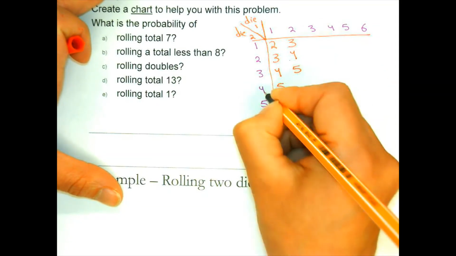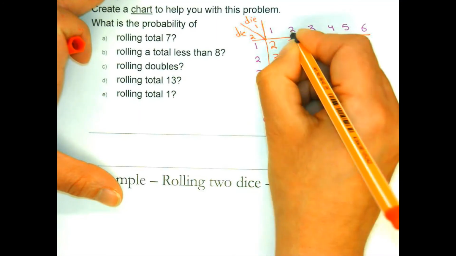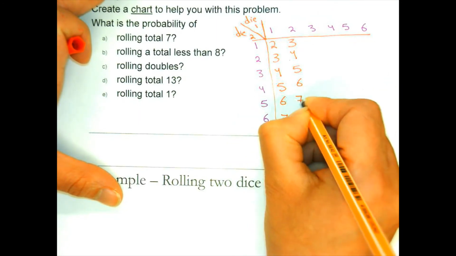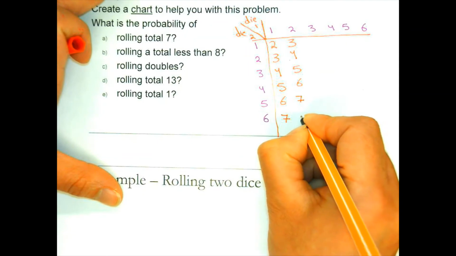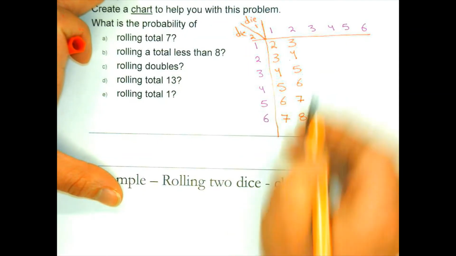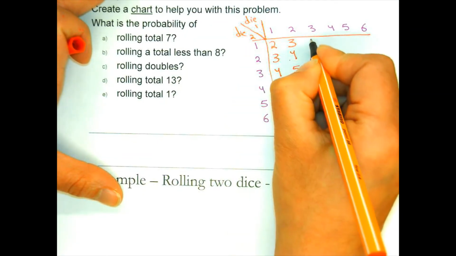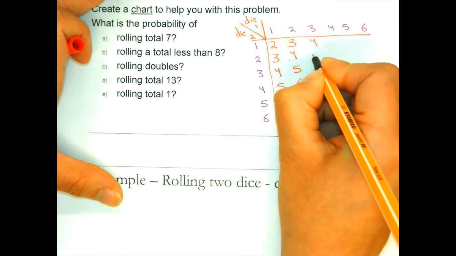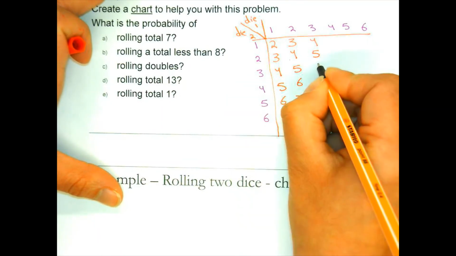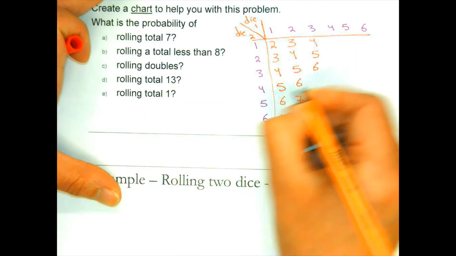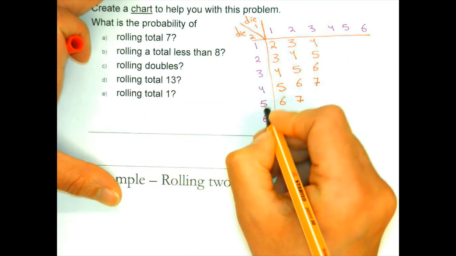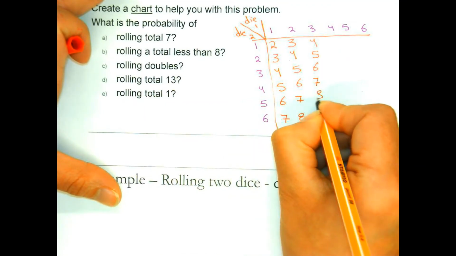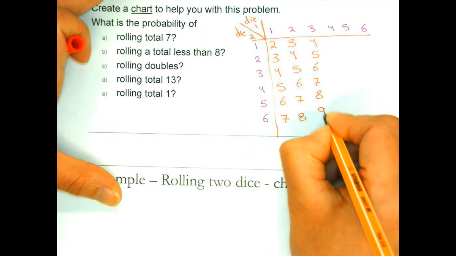A 2 and a 4 will give you 6. 2 and a 5 will give you 7. 2 and a 6 will give you 8. 3 and 1 will give you 4. 3 and 2, 5. 3 and 3, 6. 3 and 4, 7. 3 and 5, 8, and 3 and 6, 9.